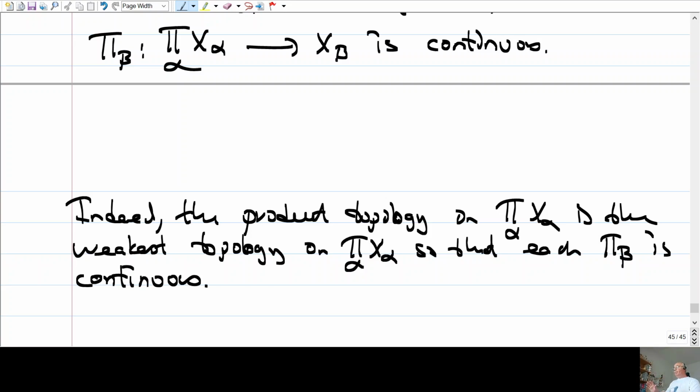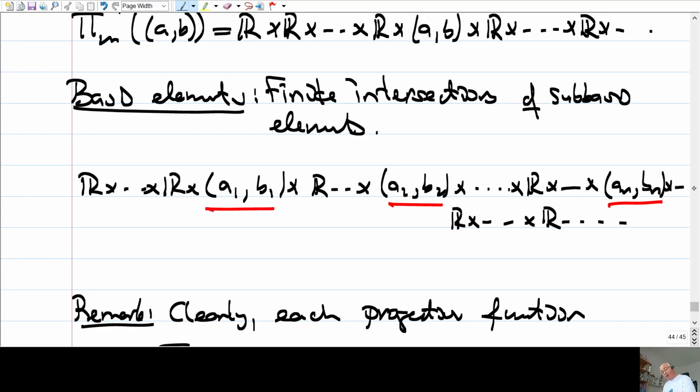These projection maps are continuous on the box topology also. So if I put here the box topology, this map is again continuous. But the box topology is, of course, much stronger than this one, right? Here in this topology, I consider open sets only of this type, basis elements of this type.